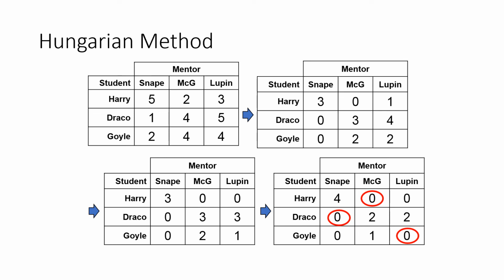So you can now allocate Harry to Magi, and thus you remove this row and column, and then if you allocate Draco to Snape, that means we are using this zero, that means we remove this row and column, then we end up, automatically, allocating Goyle to Lupin. It may not work out directly the first time right away. You may have to do a few iterations before you figure out the final optimal solution.